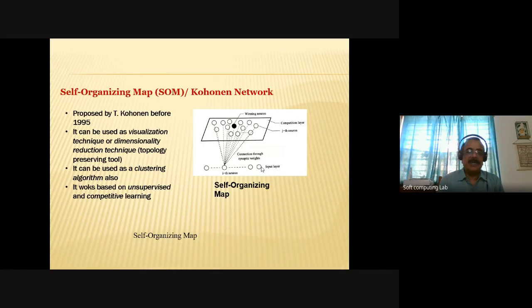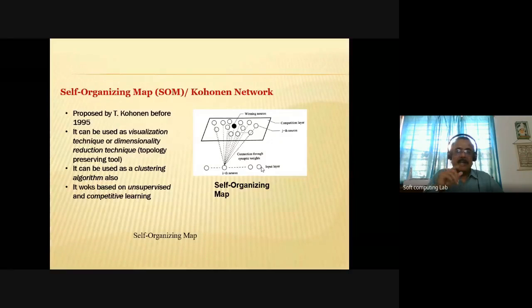I'm not going to discuss the mathematical formulation and all such things which are there in detail in my textbook and NPTEL, but I'm just going to tell you the philosophy. There is a basic difference between this network and the networks we have already discussed, like the multi-layered feed-forward network, the radial basis function network or the recurrent network.